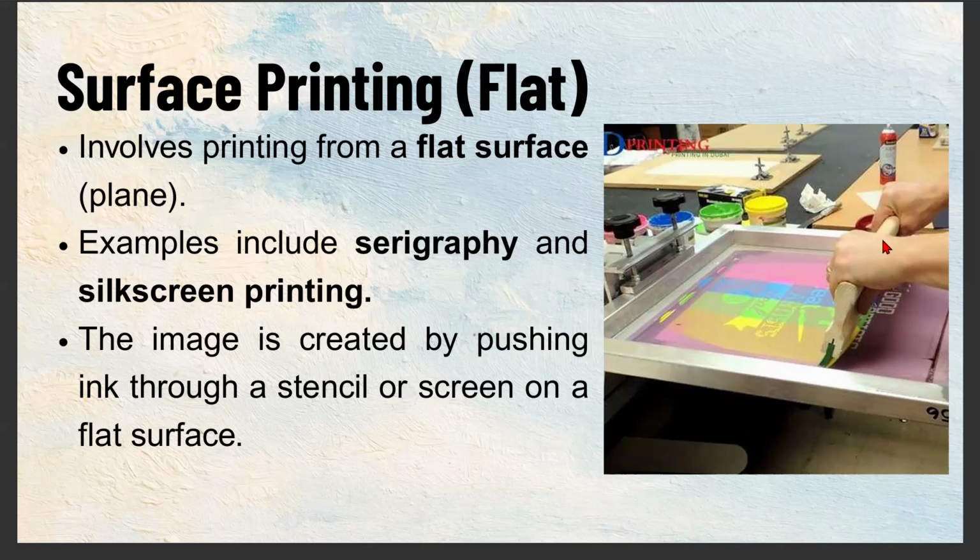But nevertheless, the idea behind this one is you're going to print on a flat surface. Yeah, and it's kind of a smooth printing method because you just put this back and forth, put another color, and then you put this back and forth again and again, and after that, it's finished. It's done. Yeah, so that's surface printing.